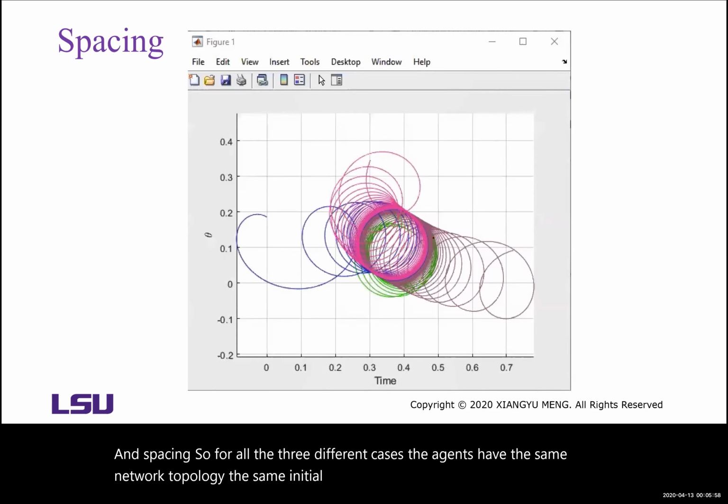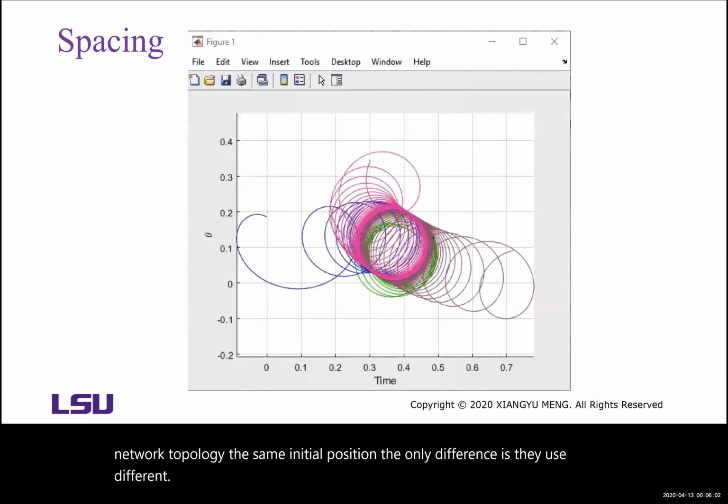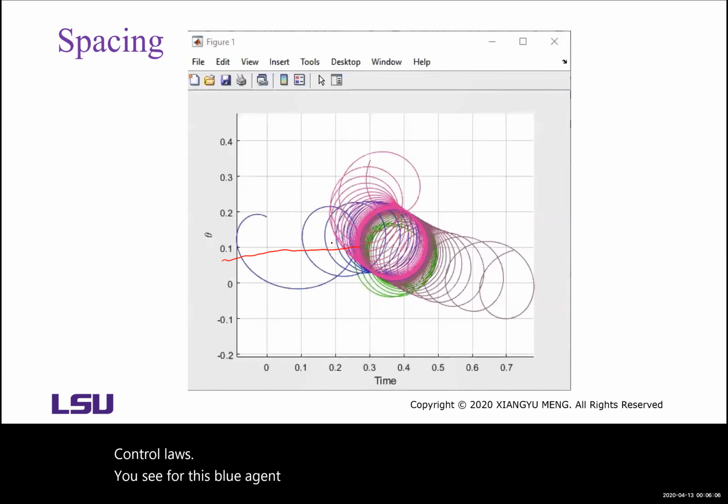The only difference is they use different control laws. You see, this blue agent comes toward the center, to the green one, and this agent 2, and eventually they circle around the same center with the same radius.